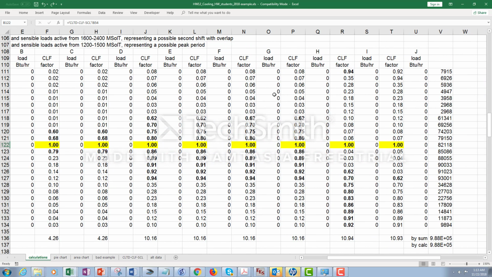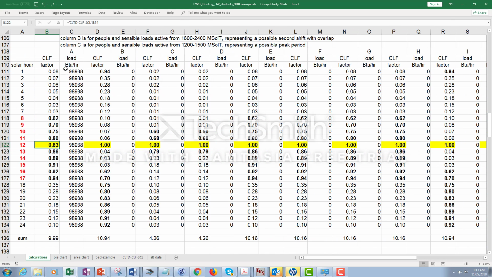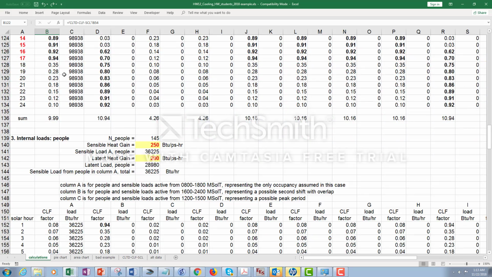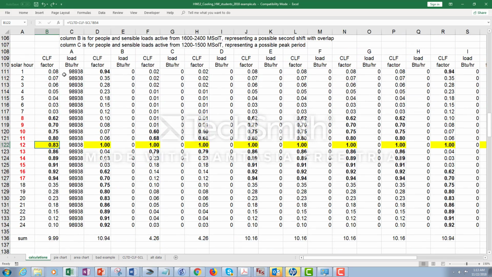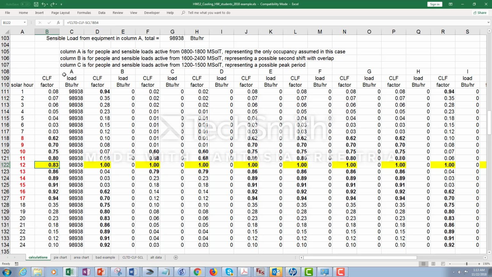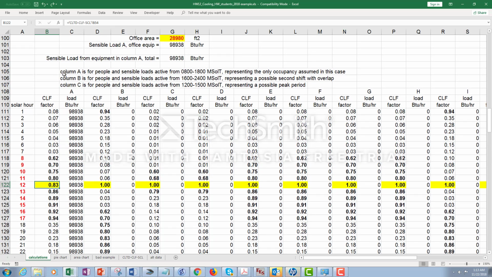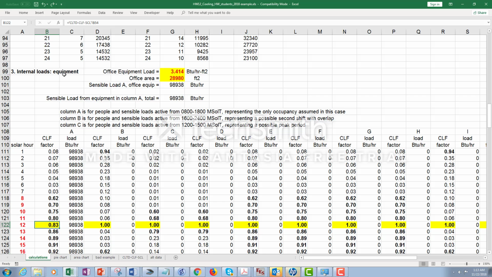These other data are just for different arrangements, different hours starting at different times of the day. So this column is the only one active here, and that takes care of the equipment load.